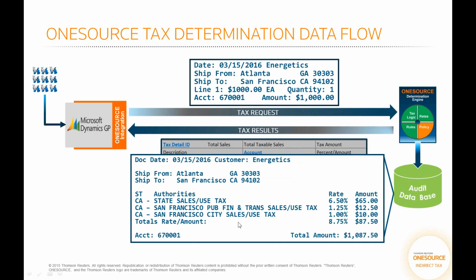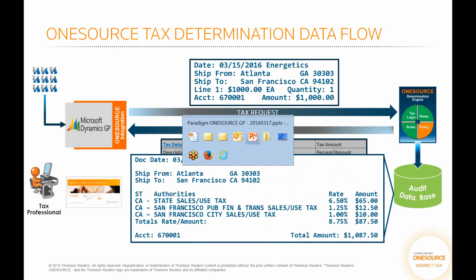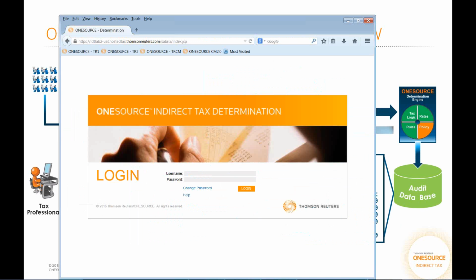So once recorded, all this information will be available to tax professionals through a web interface, which is nothing more than a web portal, like this one right here. And being a web portal, you can use a browser such as Internet Explorer, Chrome, or in this case, Firefox.